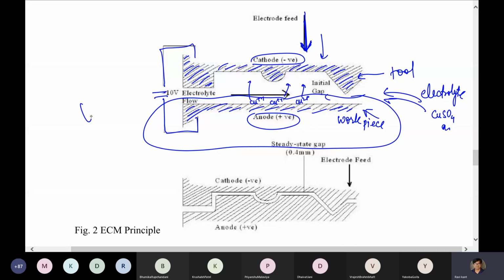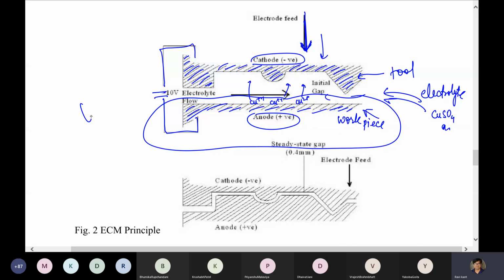In our lab, we have electrochemical machining, which would look something like this. So this particular part is your tool, and this particular part over here is your workpiece. You need to flow your electrolyte in between.